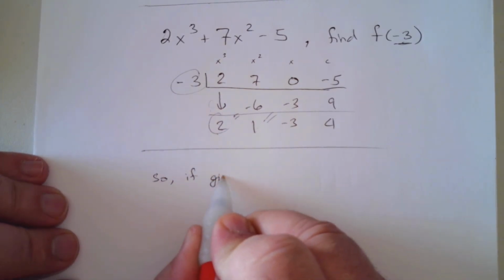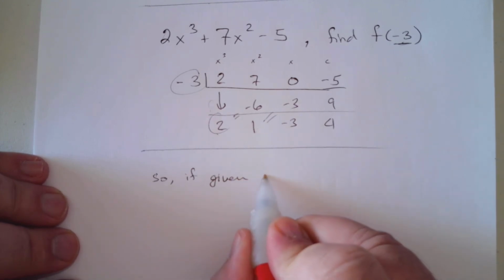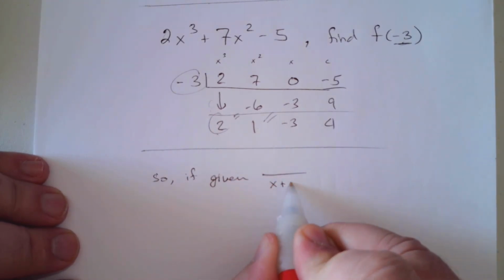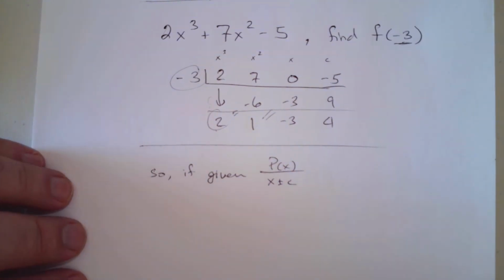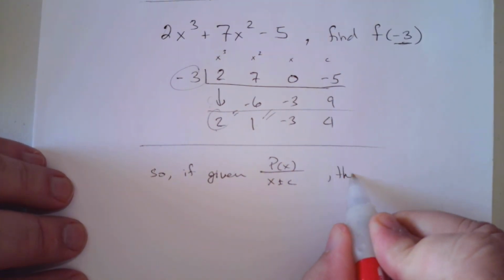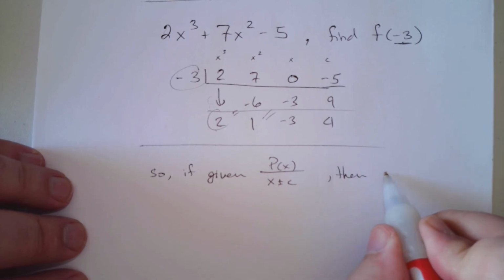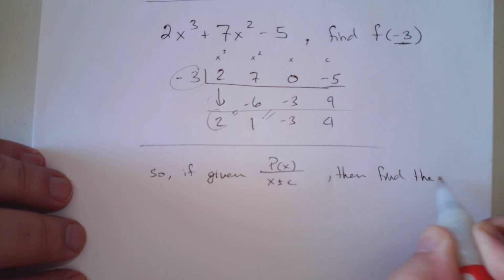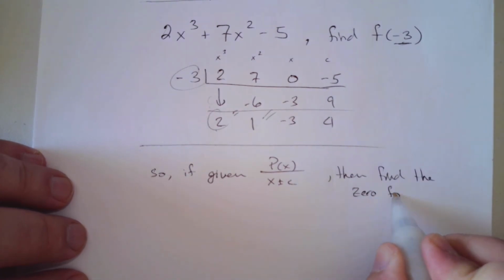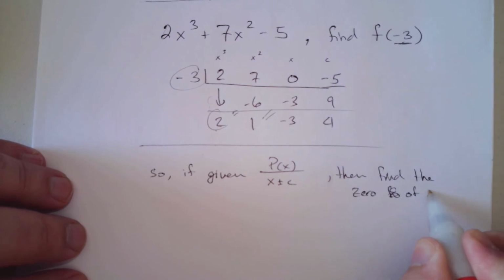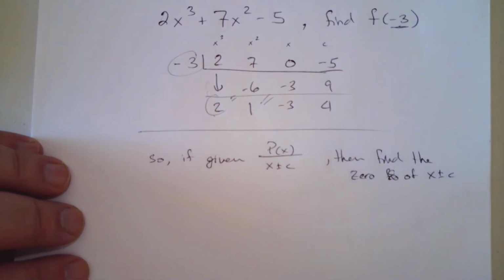So if given x plus or minus c, here's a polynomial, then find the 0 of x plus or minus c.